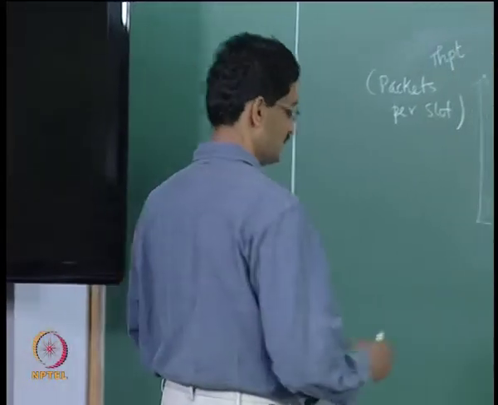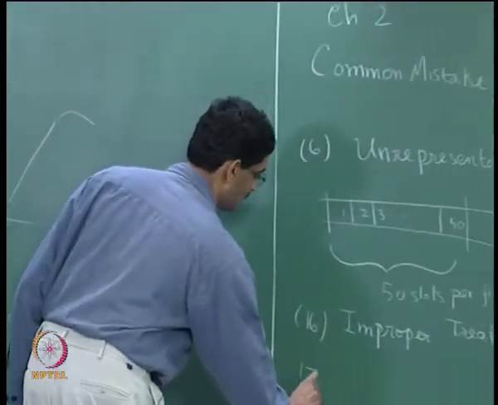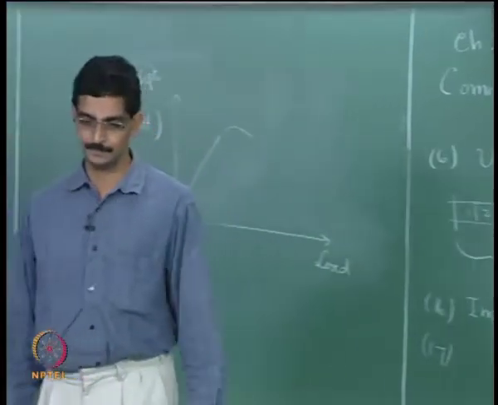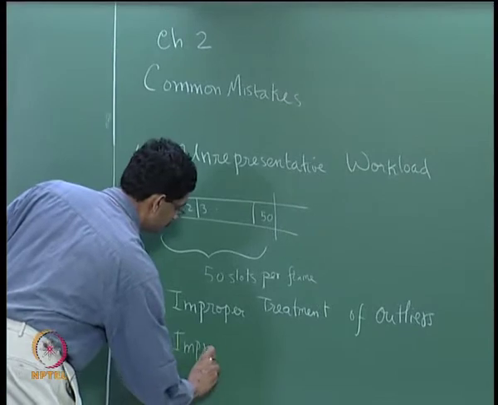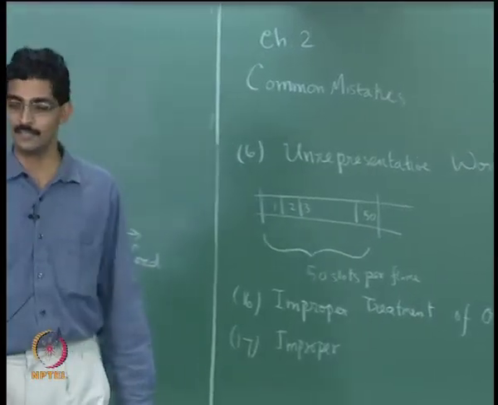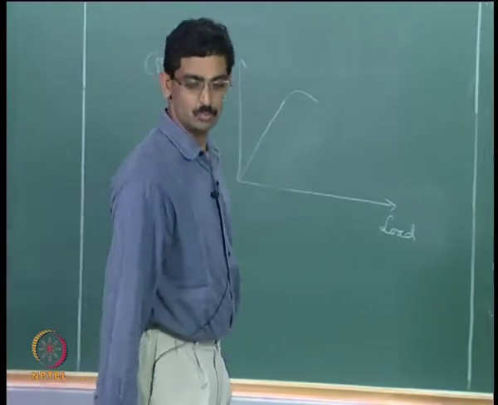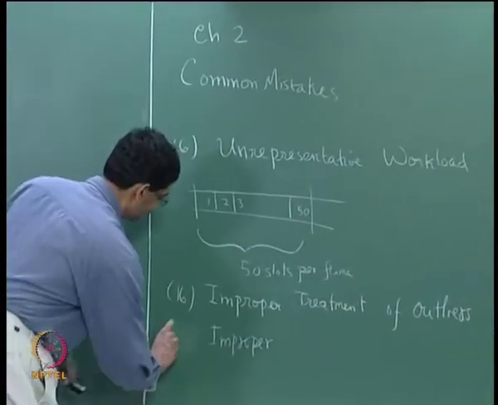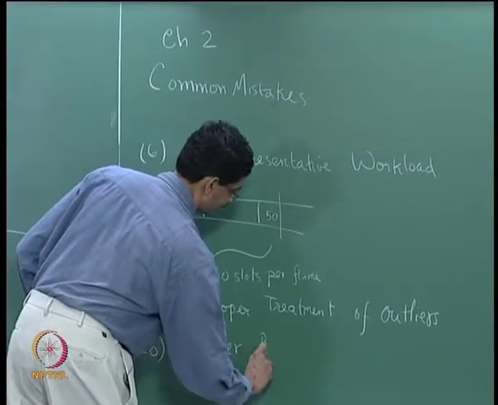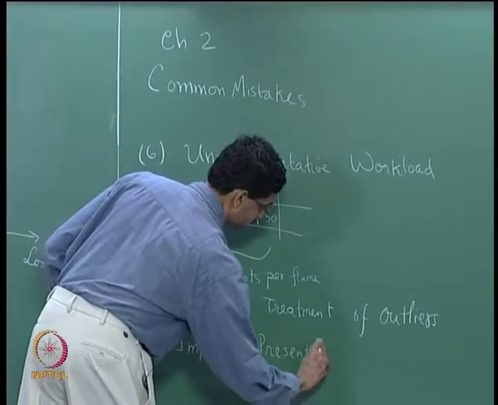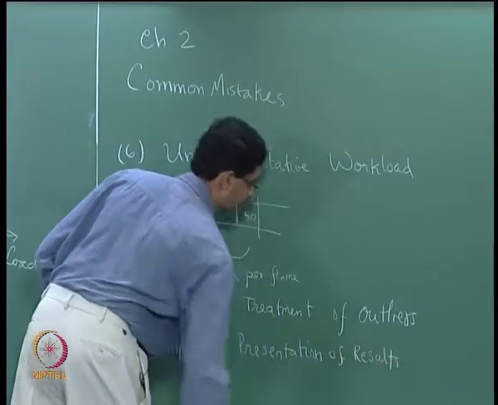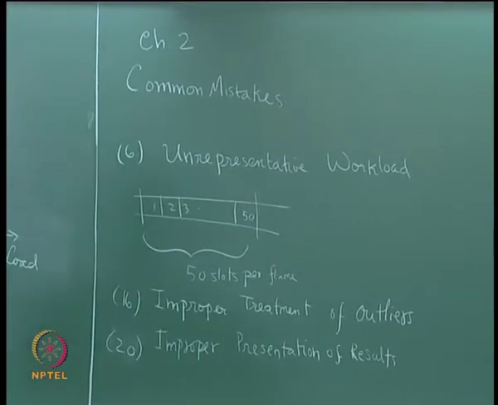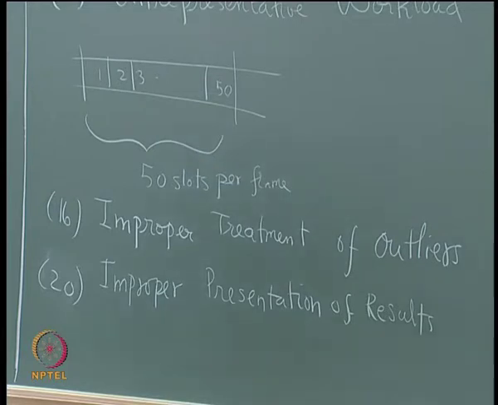Then one more example is improper presentation of results, or even analysis of results. Oh, it is not 17 actually, according to the book number it is 20. So your first chapter, right, there is this comparison of two different systems.